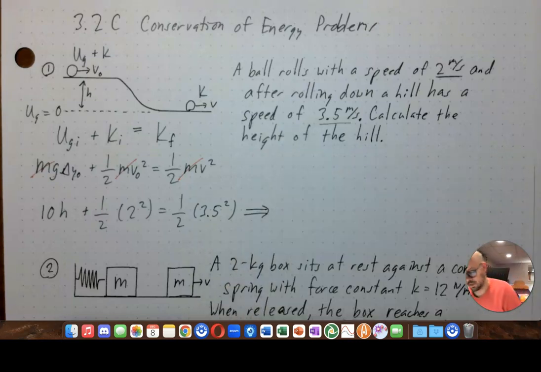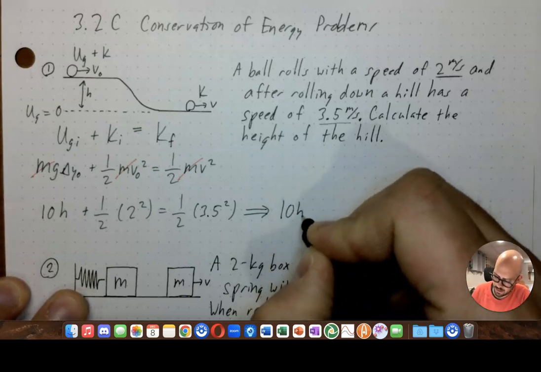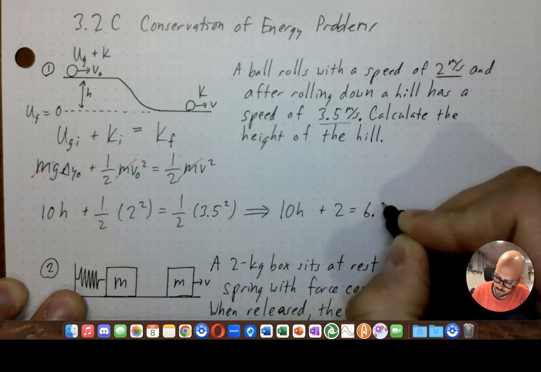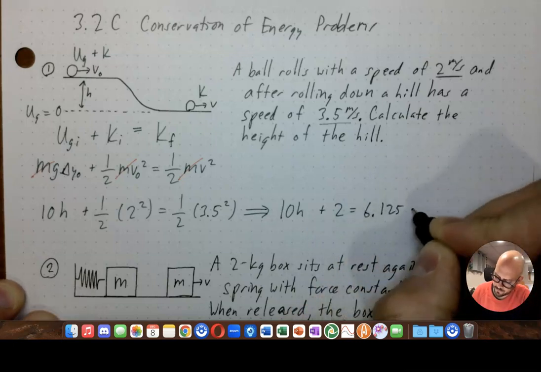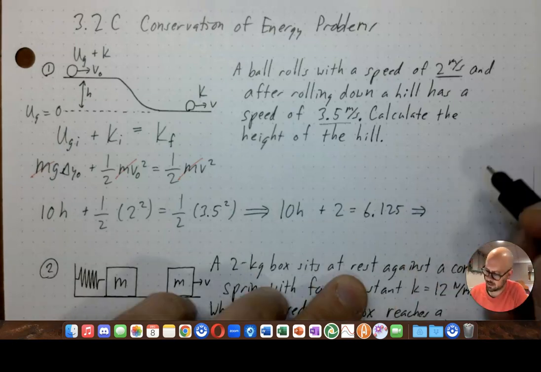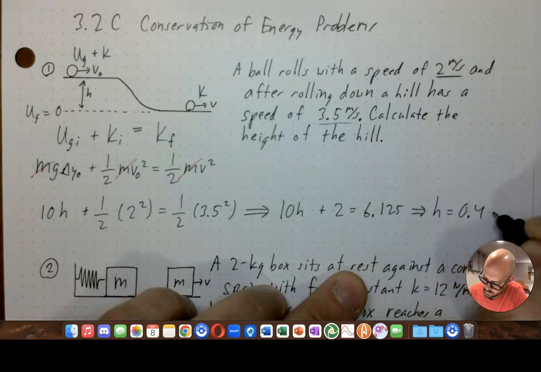Okay, so that's my setup, and then I solve for h. What I end up with is 10h plus 2 equals 6.125. And so if I subtract 2 and divide by 10, I get a height of 0.41 meters.